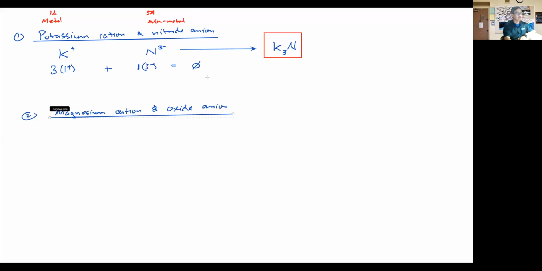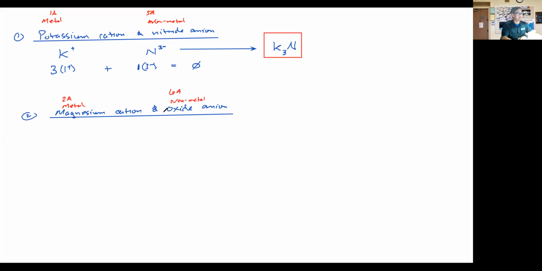First of all, will a compound form? Yeah, magnesium is a 2A metal, so we have a metal, and oxide here is a 6A non-metal. So we have a metal and a non-metal. Yes, an ionic compound will form.